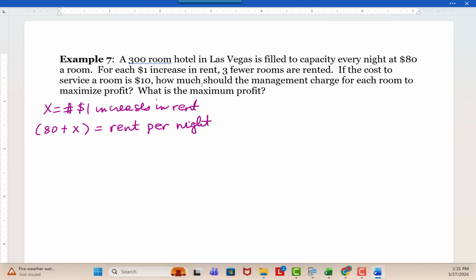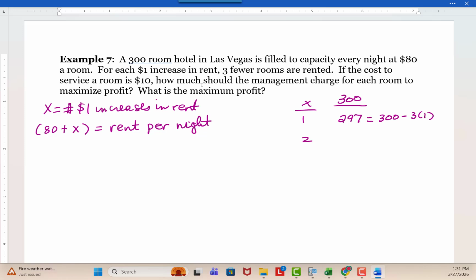Well, if we start out with 300 rooms, and let's say we let this be x, if we have a $1 increase, then we get 297 rooms. That's equal to 300 minus 3 times 1.